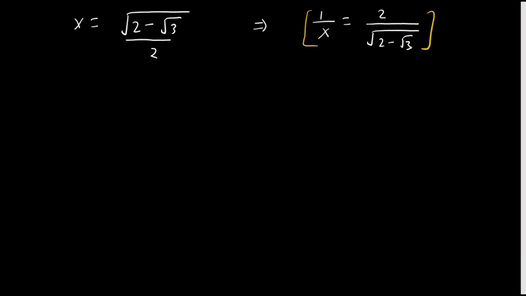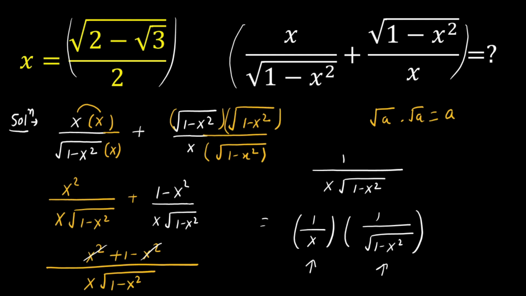Now here x equals square root of 2 minus square root of 3 divided by 2, and we will find the value of square root of 1 minus x square.